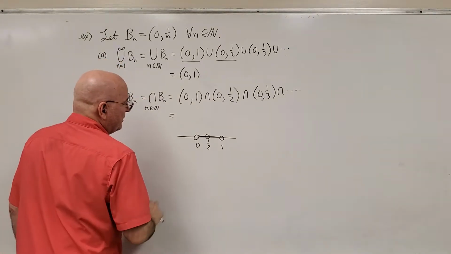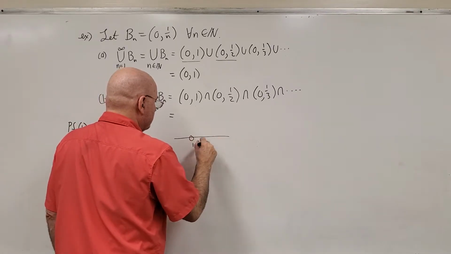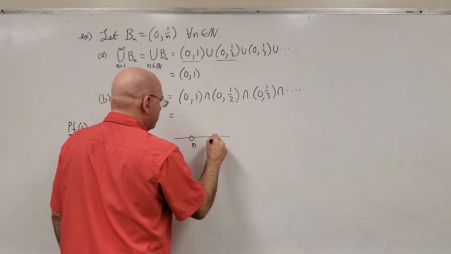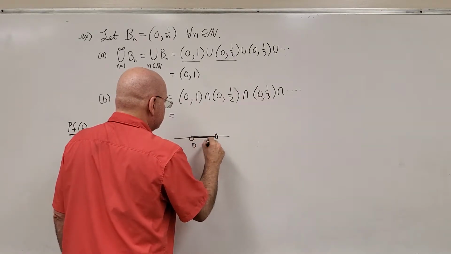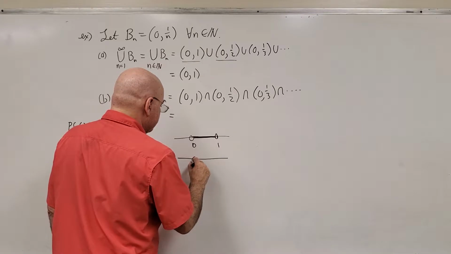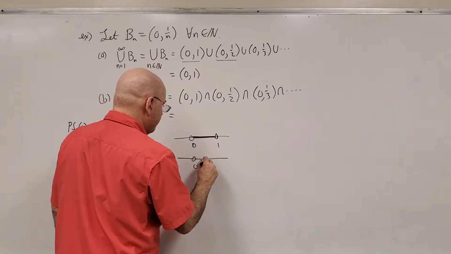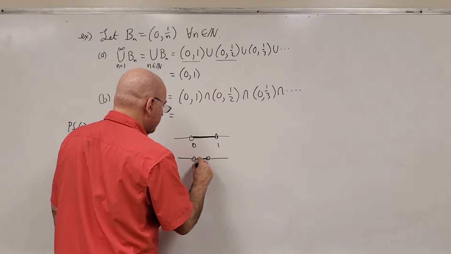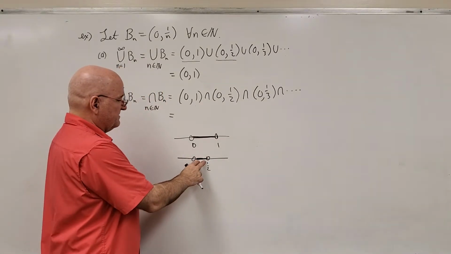So the difference now is we start off with this, but the second set goes from 0 to 1 half. When we intersect those two, the only thing they have in common is this.